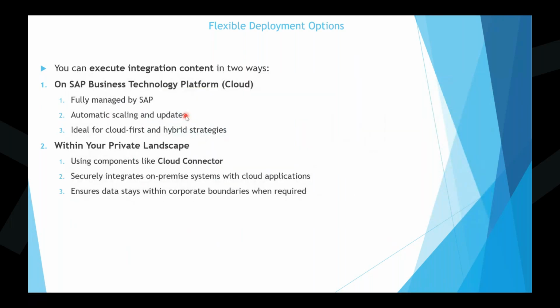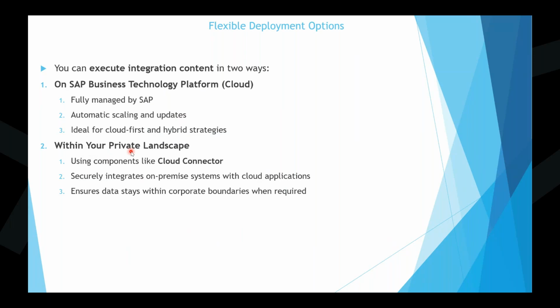Okay. Now the next one is within your private landscape, for example an on-premises system. SAP Cloud Connector solves this. SAP Cloud Connector acts as a software agent that we install on a server in your corporate network, and it creates a secure outbound-only tunnel to SAP BTP.